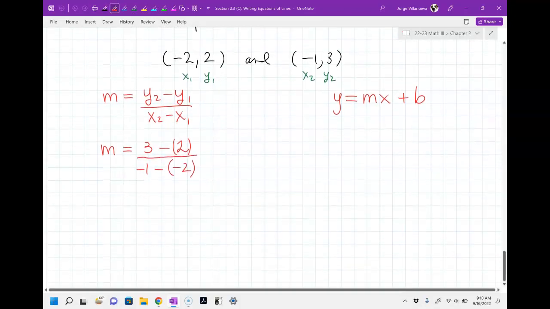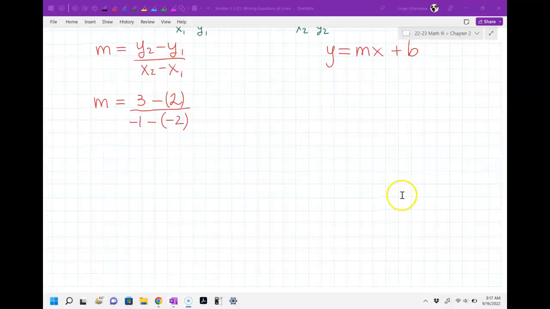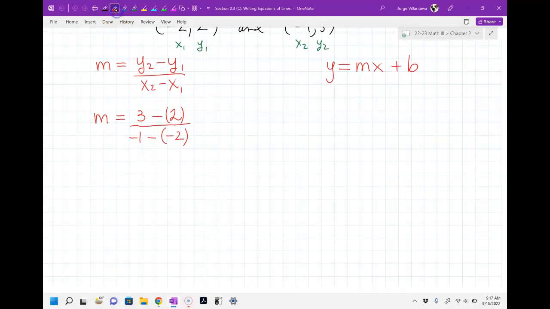All right, so my slope is going to be on the very top. All right, so what we're going to do is we are going to add these things up. So m is equal to 1 over 1, which is a slope of 1.